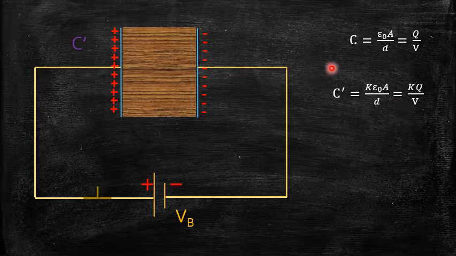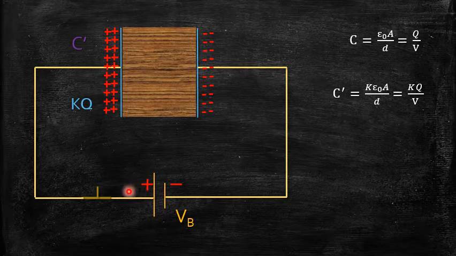So what is the effect of this increased capacitance? Charge will be K times more. When the battery is connected, you have the provision of sending more charge, depositing more charge on the plates, and with the increase in capacitance, you will have more charge deposited on the plates. So if the battery is connected and you insert dielectric material, the charge will be increased by K times.